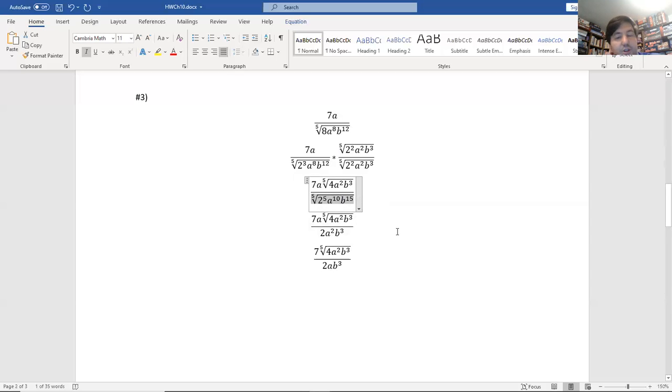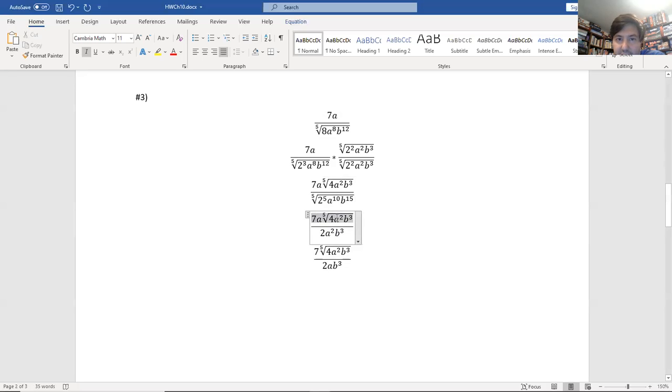And I mentioned this earlier, but what doing a fifth root means is each power will divide by 5. 5 divided by 5 is 1, so it's just going to cancel out, leave you with 2 to the first, or just a plain old 2. A to the 10th. The 10 will divide by 5, leave you with a 2. That's a squared. For b to the 15th, the 15 will divide by 5, give you b to the third.